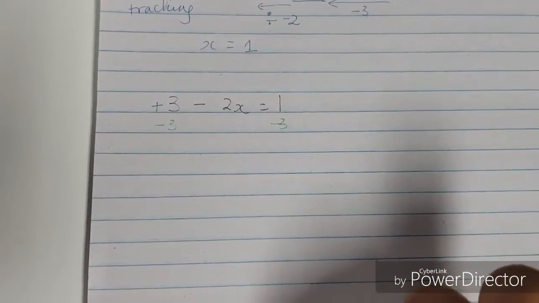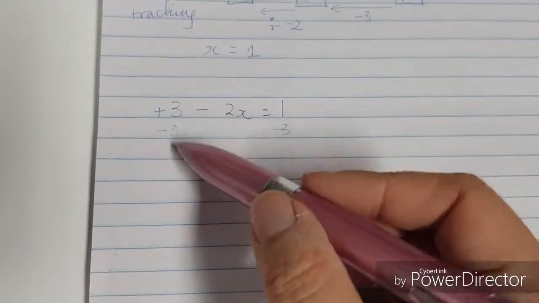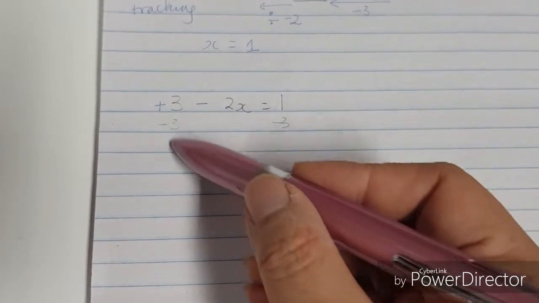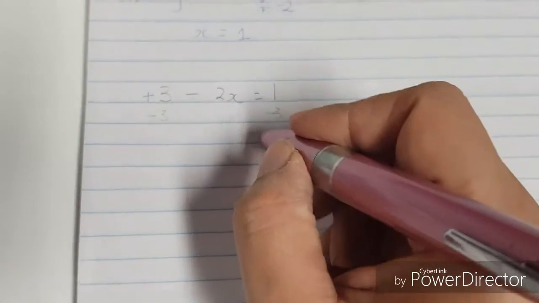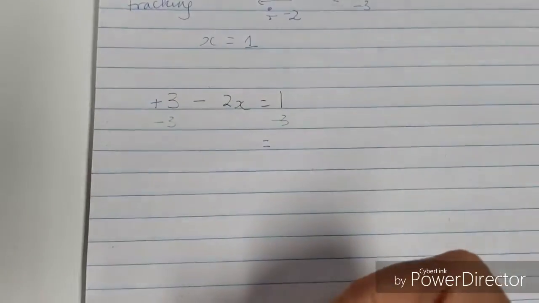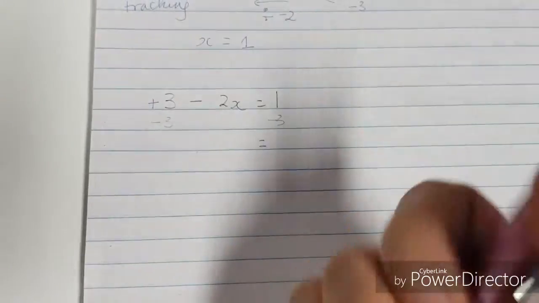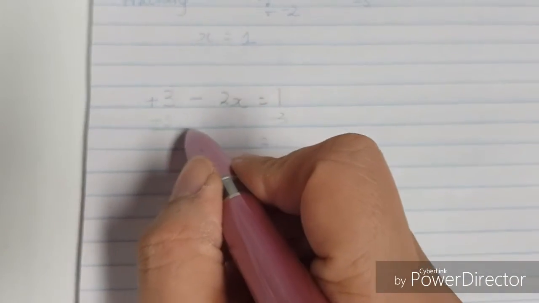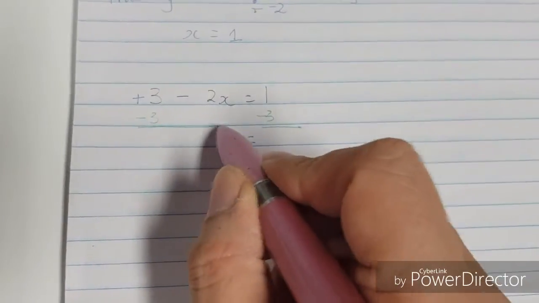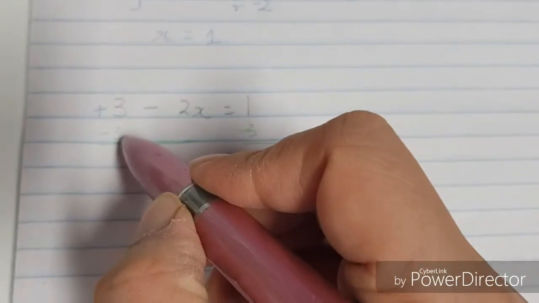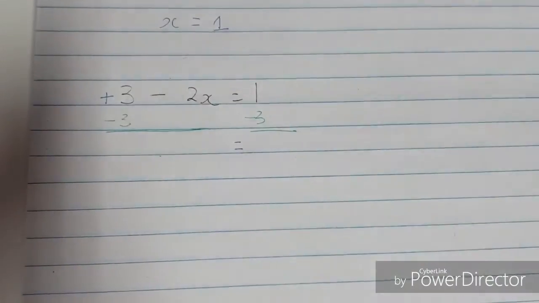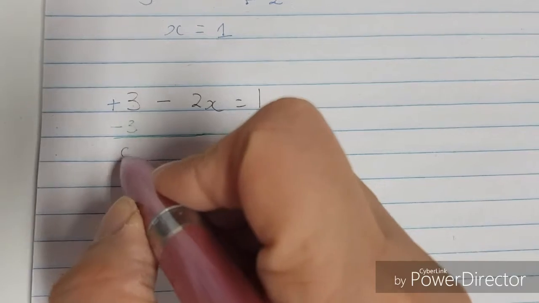Now remember, whatever you do on one side of the equation, for example taking away 3, you must do it to the other side as well. Line up your equal signs to keep the work neat. So I'm going to write a little equals line here so it's pretty obvious what's happening. +3 take away 3, that equals 0.